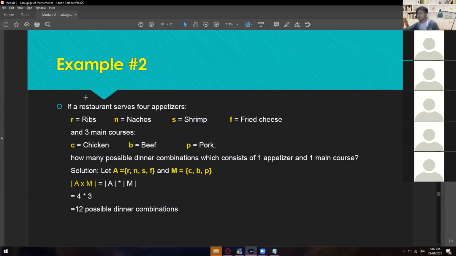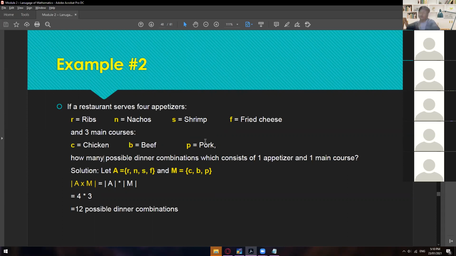So we have here another example wherein a restaurant serves 4 appetizers: ribs, nachos, shrimp, and fried cheese, and 3 main courses: chicken, beef, and pork. The question here is how many possible dinner combinations consist of 1 appetizer and 1 main course? You can have ribs chicken, ribs beef, ribs pork, or nachos chicken, nachos beef, nachos pork, or shrimp chicken, shrimp beef, shrimp pork, or fried cheese chicken, fried cheese beef, or fried cheese pork.